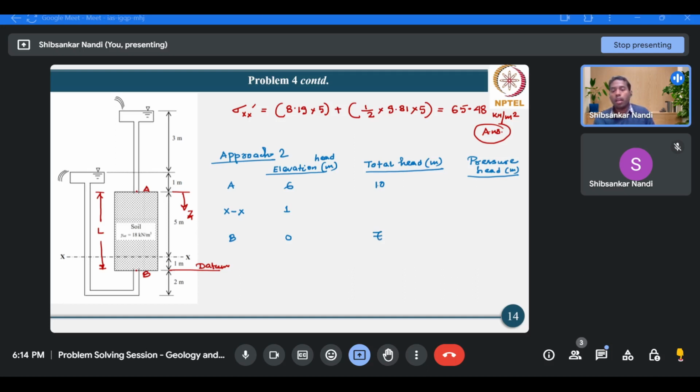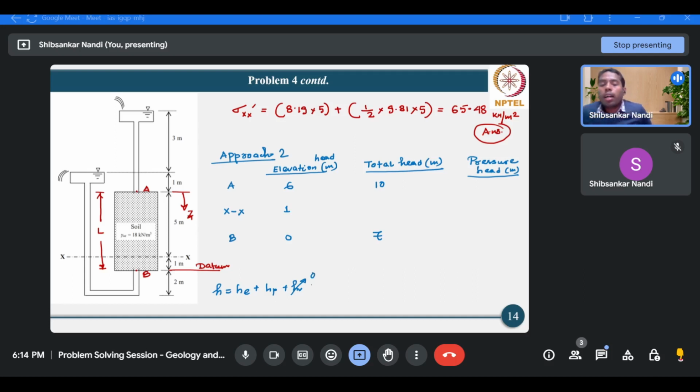Now, as you know, the total height is a summation of elevation height, pressure height plus velocity height. For flow through soils, the velocity height is very negligible, so we can neglect it. In the very beginning, we have discussed this, and the total height now becomes a summation of elevation height and the pressure height.